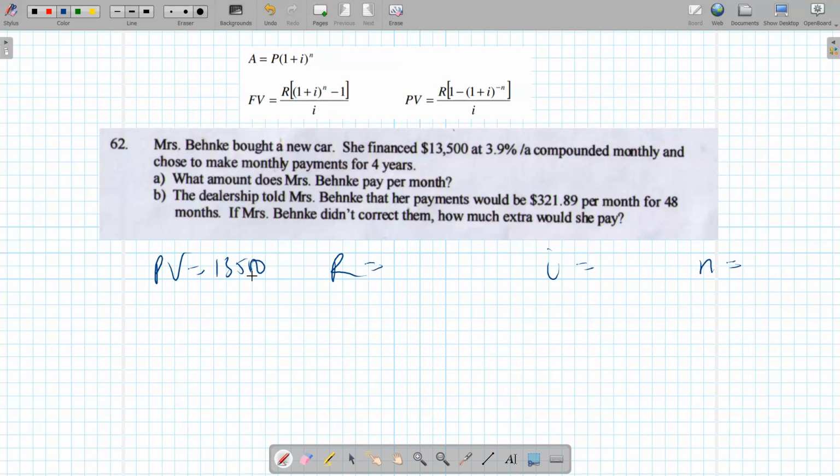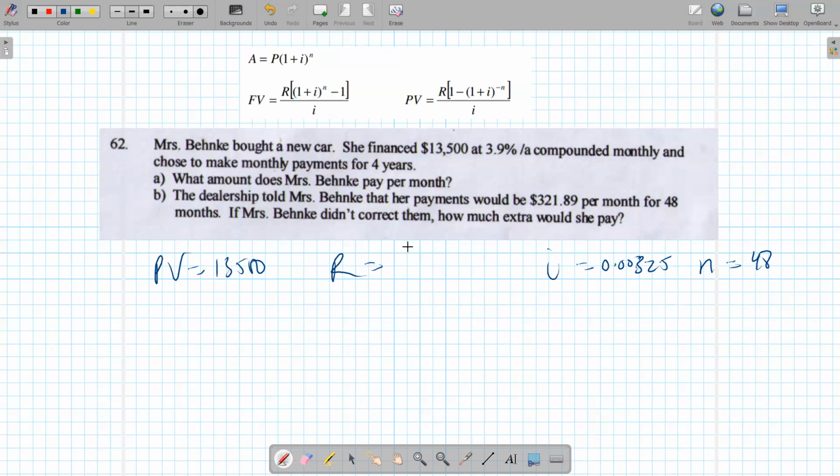N is 48. Yeah. I is 0.00325, I think. What about R? R is the missing piece of the puzzle, yeah?